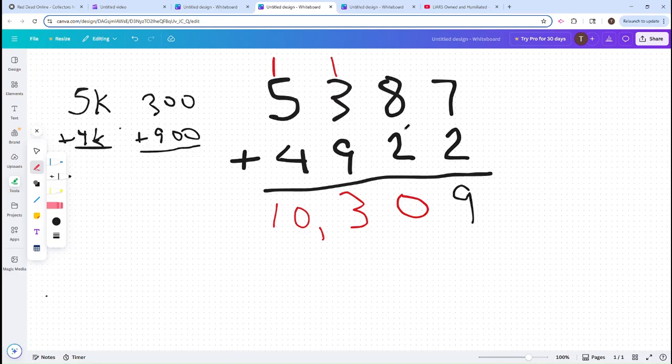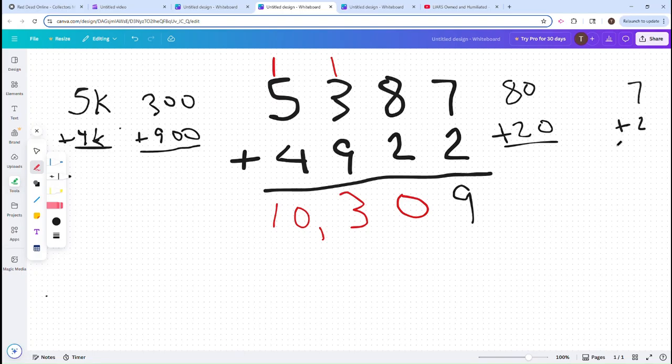We have 80 plus 20. I'm just using how many thousands do we have? 5. How many thousands do we have? 4. Add them up. How many hundreds do we have? 3. How many hundreds do we have here? 9. Add those up. How many tens do we have? 8 here, 2 here. So 80 plus 20. And then the last problem is 7 plus 2.